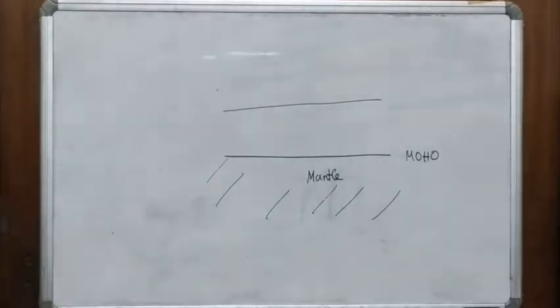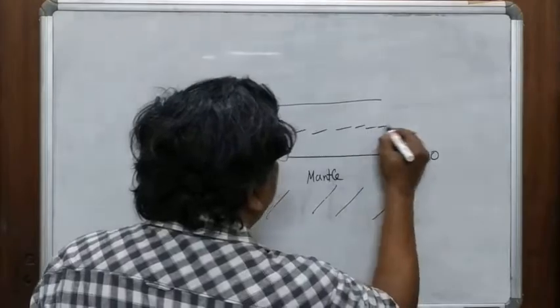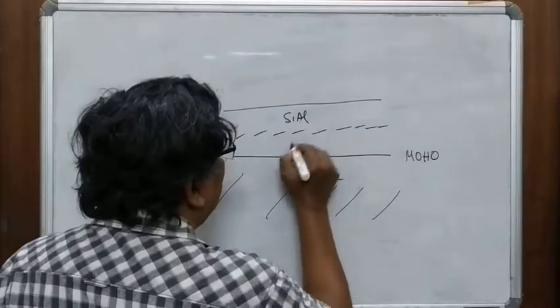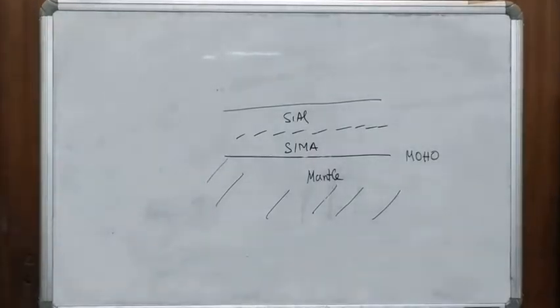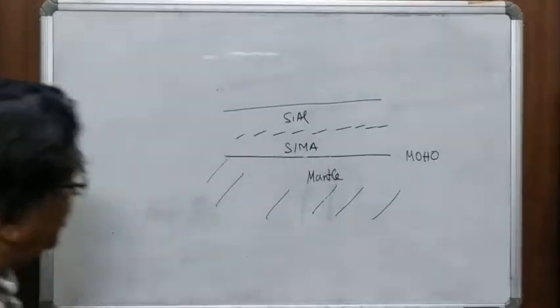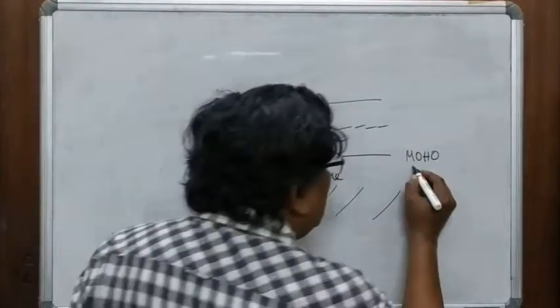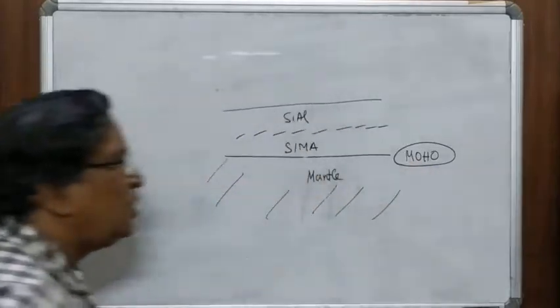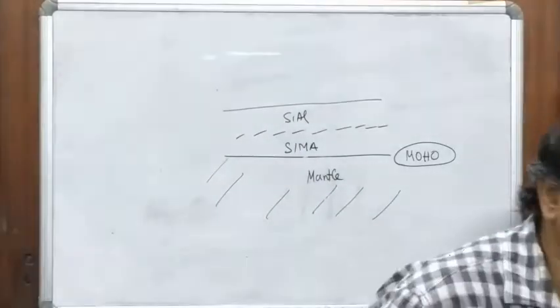And in those times, there was a boundary between what is called Sial and Sima. Do you understand? Sial and Sima. So previously there was a discussion. This discussion is no more there today. There was a lot of debate about what is the nature of Moho. What is the nature of Moho?